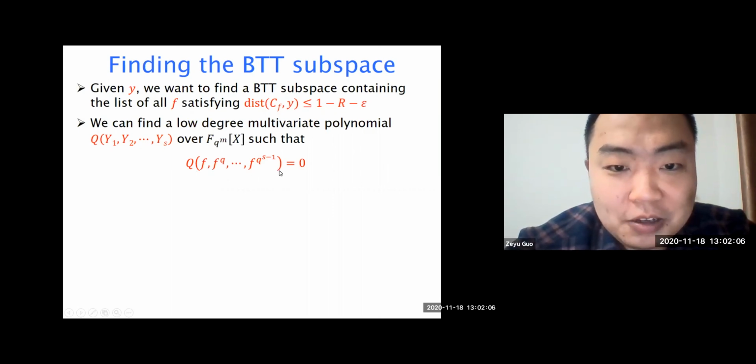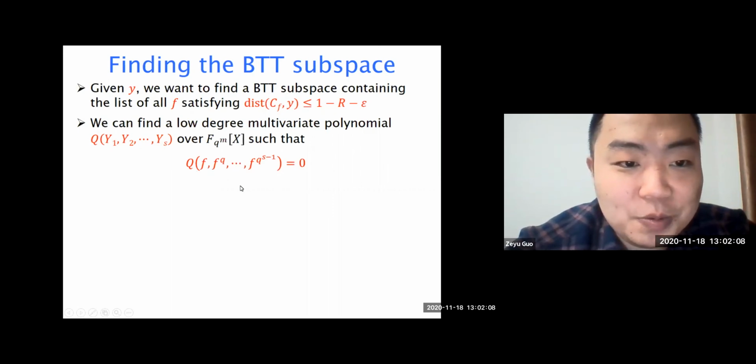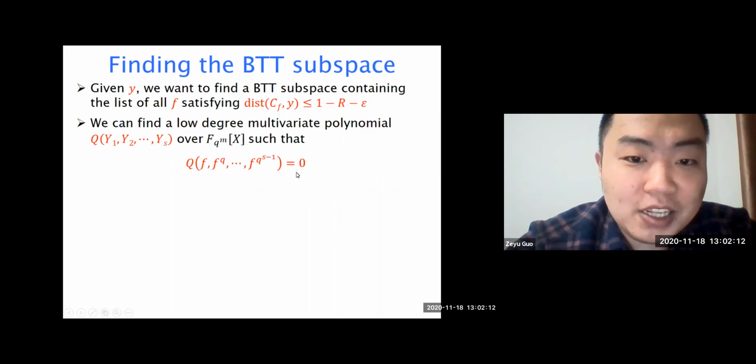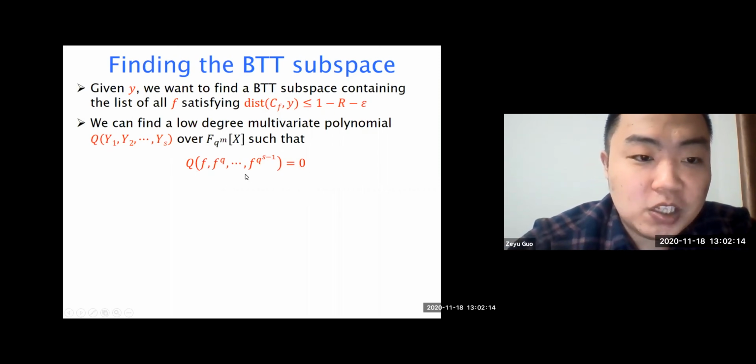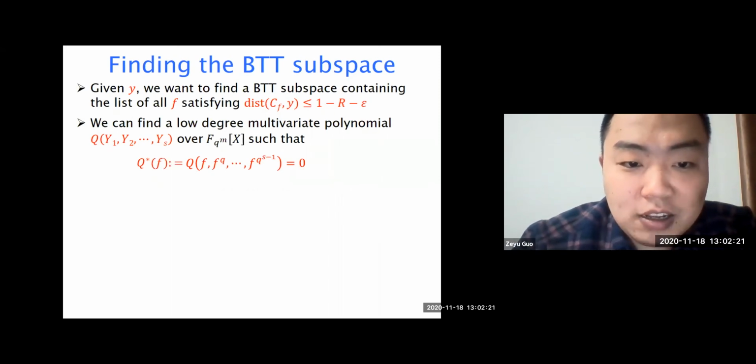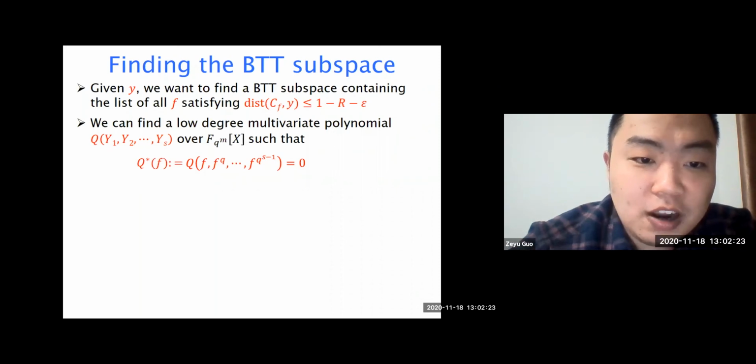And if you have not seen this before, you just have to believe me that you can find this Q. Q can be found by interpolation, by solving a system of equations, and that's called the left-hand side of this equation, Q star of f.